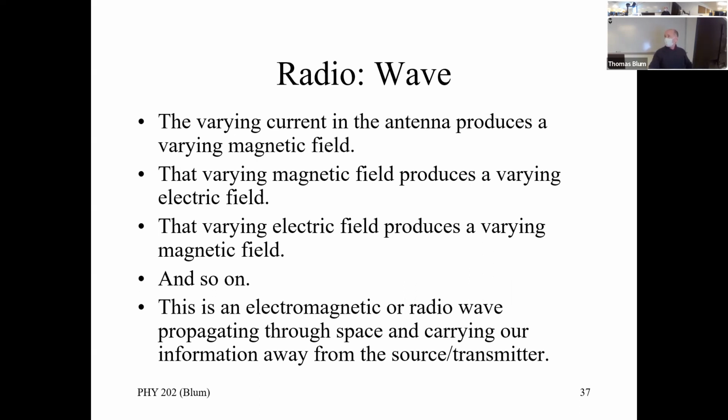That is an electromagnetic wave. So the changing electric field gives a changing magnetic field, gives a changing electric field, gives a changing magnetic field. And that changing field spreads out from its original source, the transmitter, and so that information is getting carried. The information that was on the wave is being carried away.